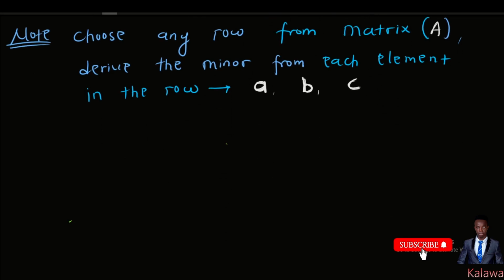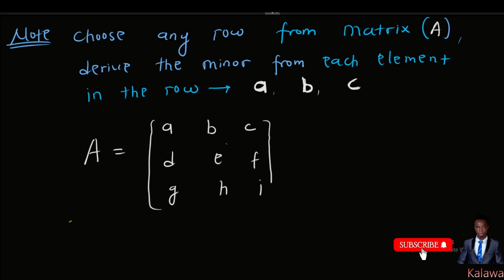So let me take the matrix again. A matrix is equal to A, B, C, D, E, F, G, H, I. From this, we are going to determine the minor of the chosen row.